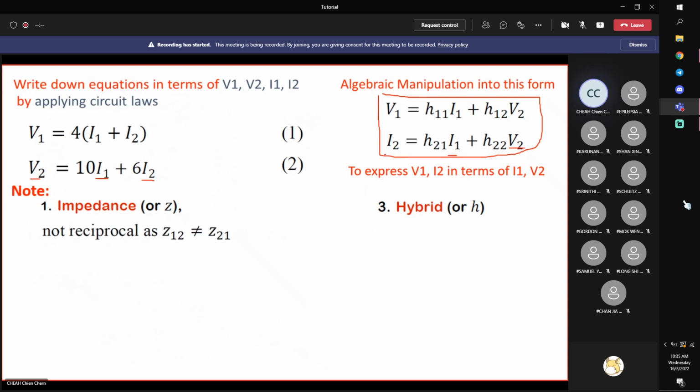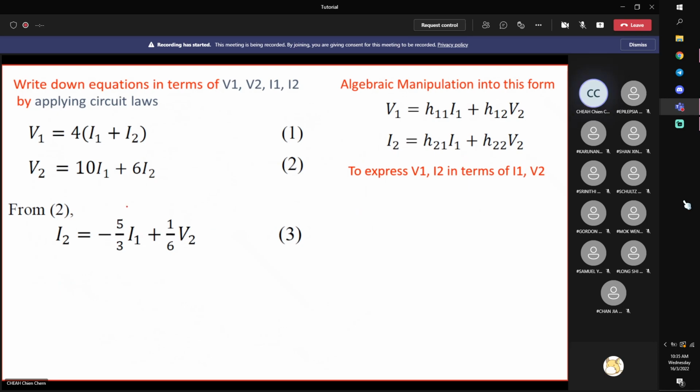It's just a matter of rearranging the equation by turning I2 into my subject. I express I2 in terms of the other two variables, I1 and V2. Just by rearranging the equation and dividing by 6, I get the second equation of the model.